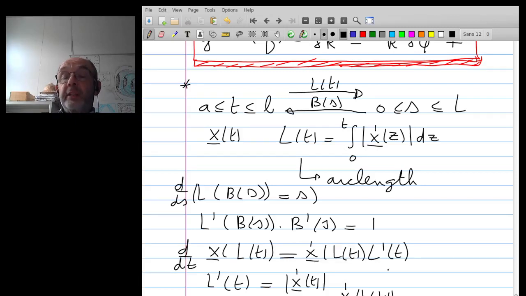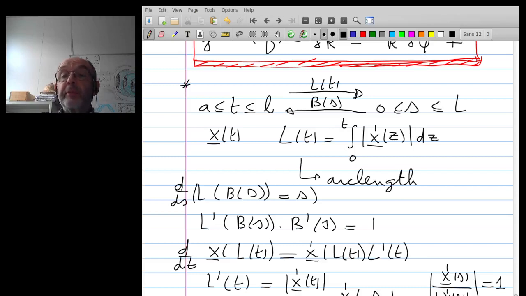And L of t, that was s, so we have just here the s, and here you see a vector with length 1. And if you calculate this length, you get 1 out of it.